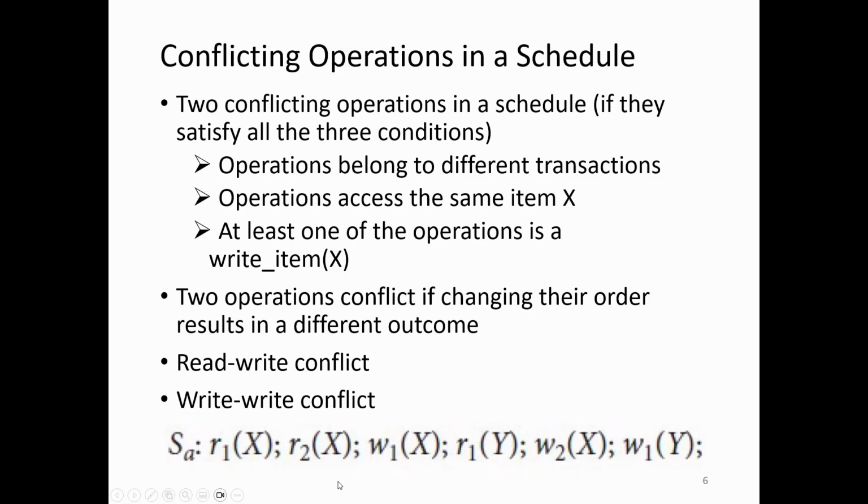This kind of conflict we call a read-write conflict. That means if we change the order, then we have a different outcome. Then another type is write-write conflicts. For example, W1X and W2X are both write operations, but a change in their order makes no difference in the outcome.